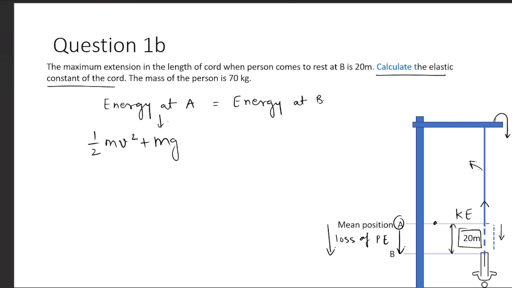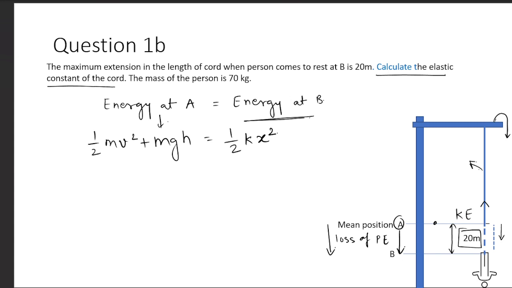So mgh is equal to, all the energy will get converted into the elastic potential energy of the rope. So here 1 by 2 kx square.